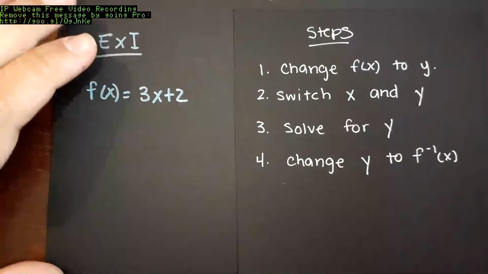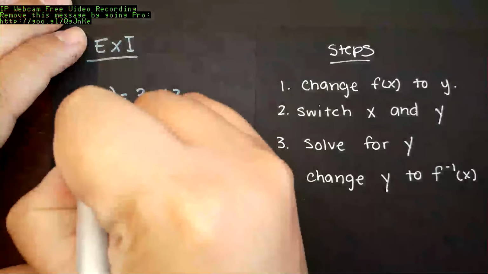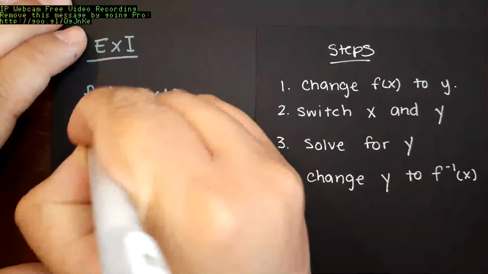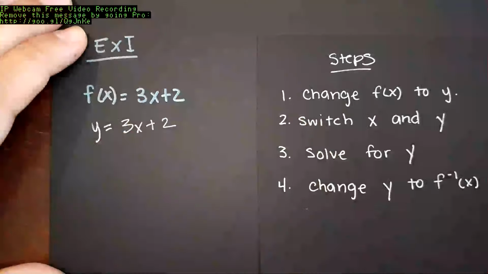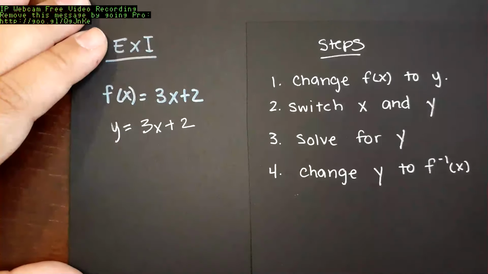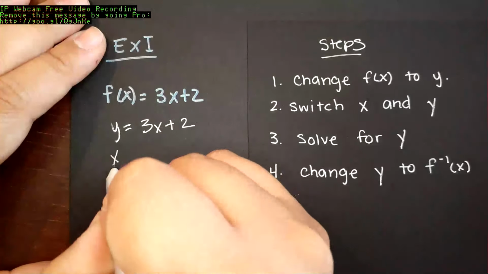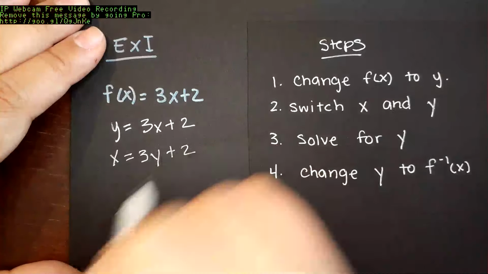Okay, so the first step, I'm going to change my f of x to a y. So I'm going to write y equals 3x plus 2. Okay, so I did the first step. My second step, switch my x's and my y's. So my y's become x's and my x's become y's.